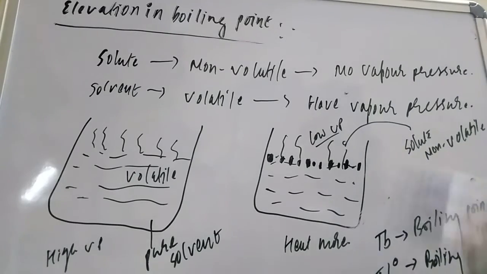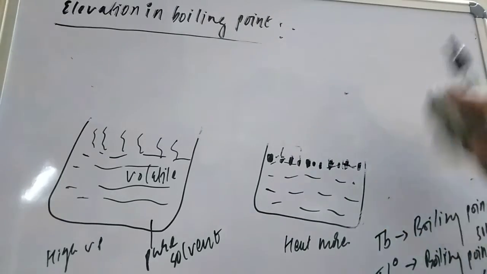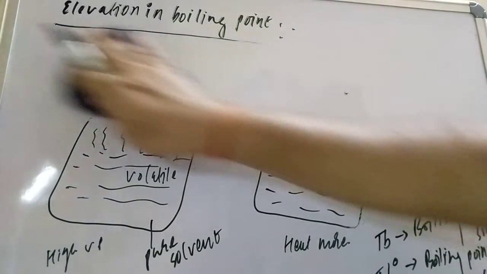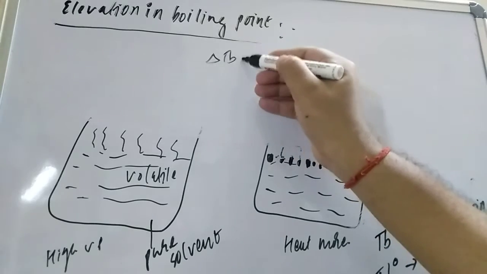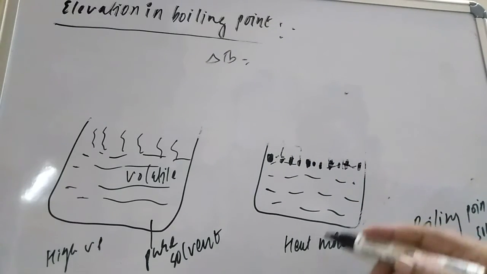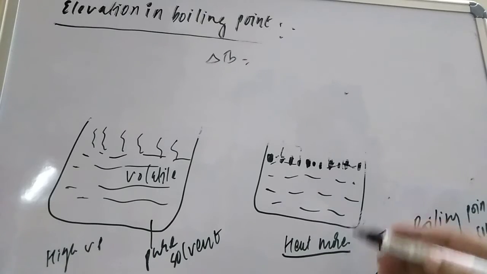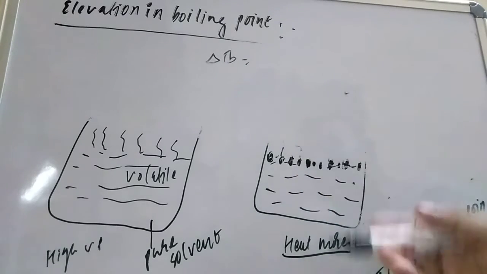When you are going to calculate the elevation in boiling point, let us try to understand it here on the top of the board. Delta Tb: the solution needs to be heated more to convert into vapor, because the solute particles are not allowing it to form vapor.